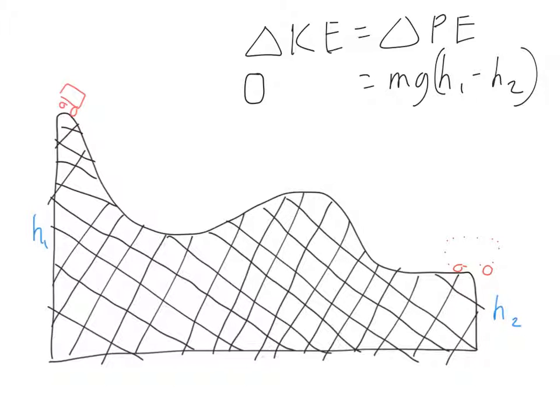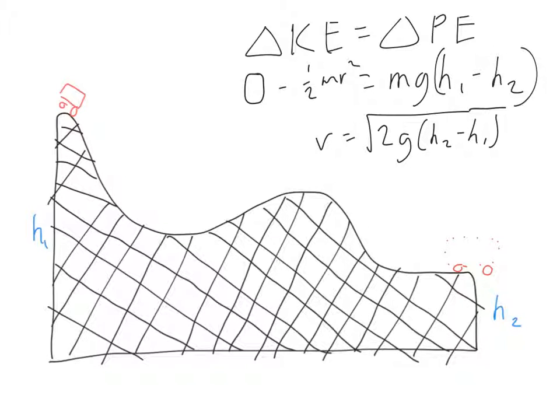So at the end, 0 minus 1/2 mv squared. So I need to figure out how fast that car needs to go. And I'm going to end up getting the square root of 2g(h2 - h1). Notice that the h2 and h1 are reversed because I have that minus sign here. And that was a heck of a lot easier than if I had to figure this out in terms of forces.